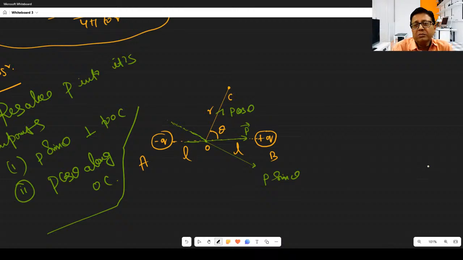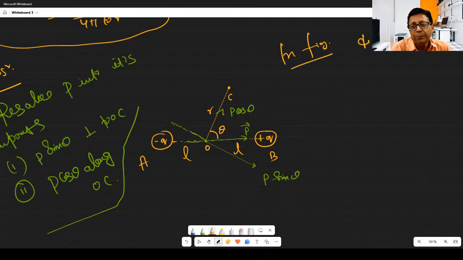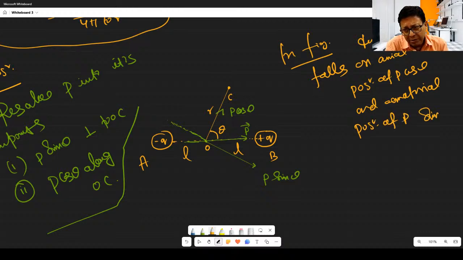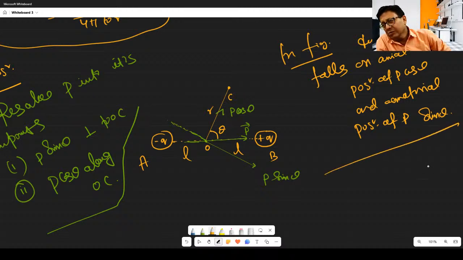Now, in this diagram only, the point C falls on the axial position of P cos theta and the equatorial position of P sin theta. Okay?